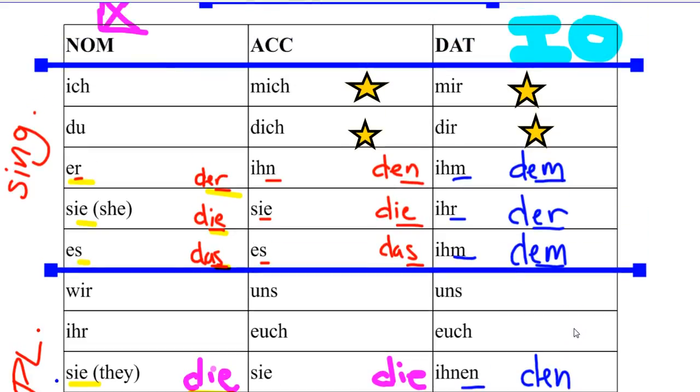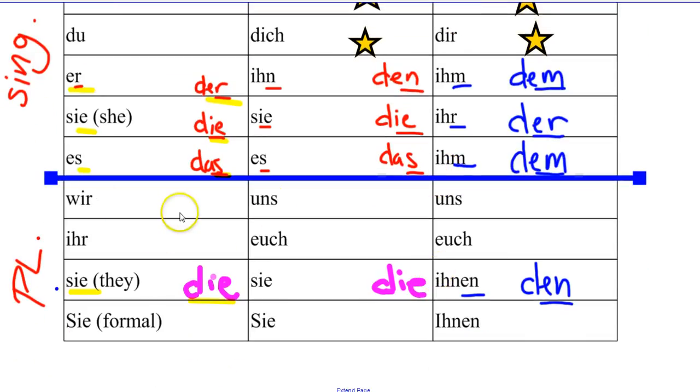Once again, the chart you need to know backwards and forwards. Ich, mich, mir, du, dich, dir, ihn, ihm, sie, ihr, es, ihm. Plurals. Wir, uns, ihr, euch, sie, ihnen, sie, ihnen.